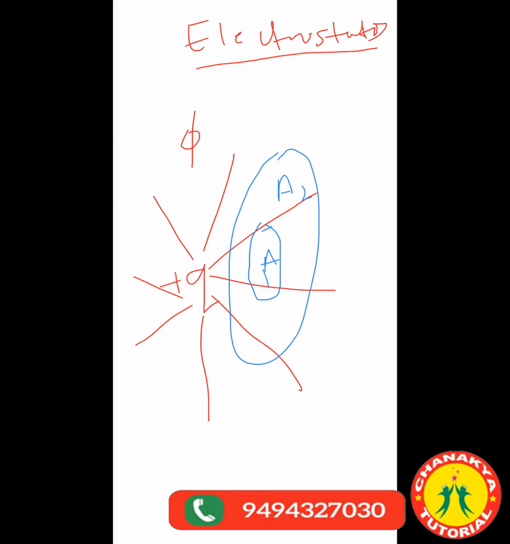Area 2. So electric flux is defined as the number of field lines per unit area. So the number of lines per unit area is called electric flux.